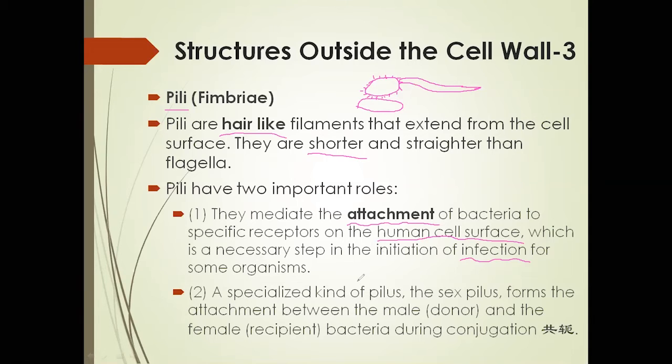And also, bacteria have a special kind of pili. We call them sex pili. Sex pili here is a little different from when we're talking about sex functions in human beings. Generally, bacterial reproduction doesn't truly need two different bacteria.